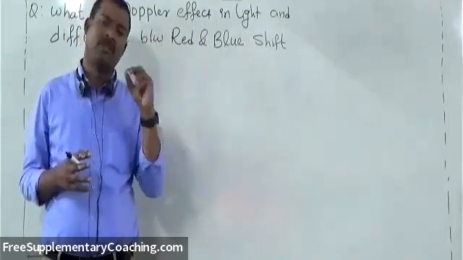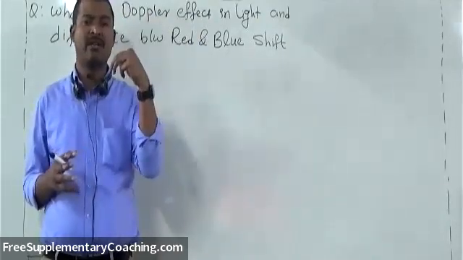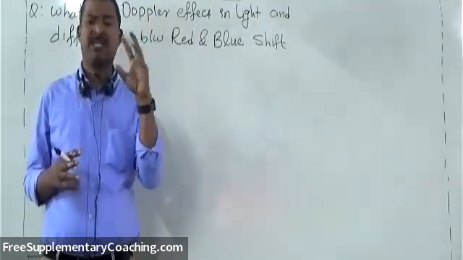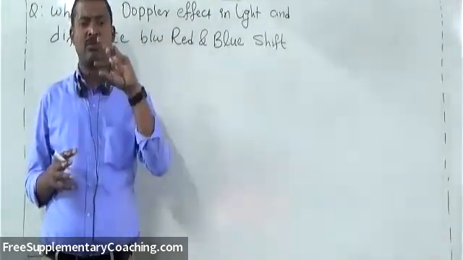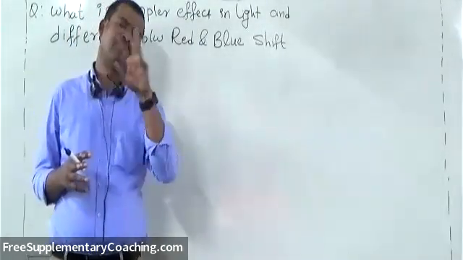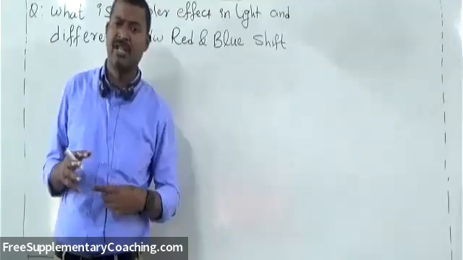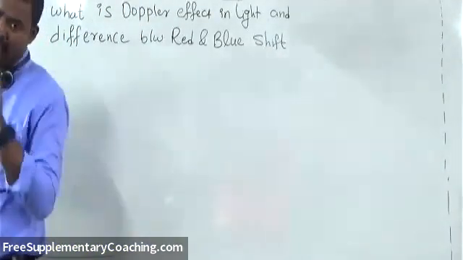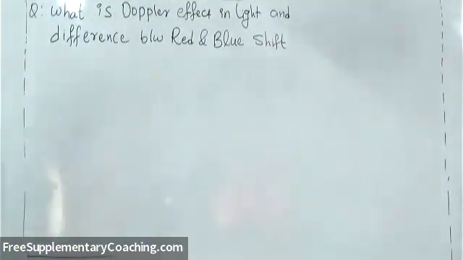Same way in light, when stars are moving and an observer is observing them, due to the relative motion between observer and source, there is a change in frequency and wavelength. This is called Doppler effect.